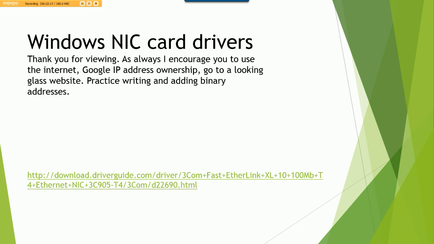Practice that, because if you're going to be in the IT field, or you're trying to get jobs in IT, the questions about IP addresses will come up, and the better you understand them, the better you'll be able to answer those questions.